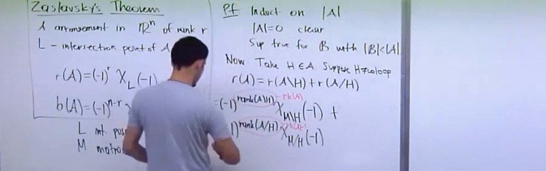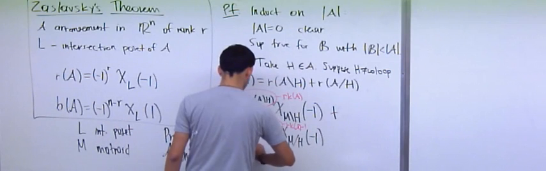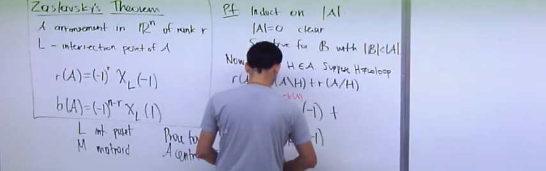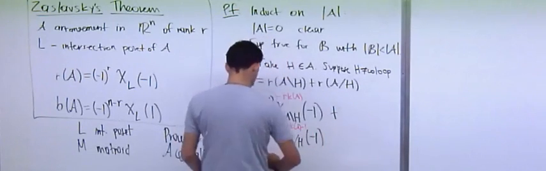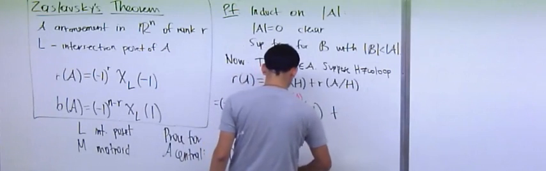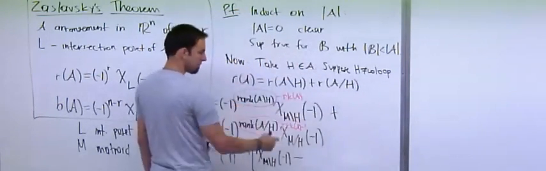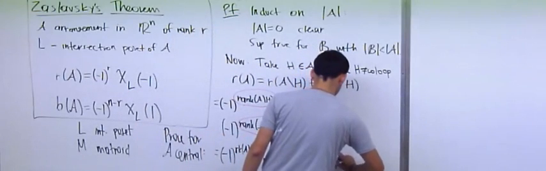And so what you get is (-1) to the rank of A times the characteristic polynomial of the deletion at -1. And then you get a minus sign because here you have an extra minus. And you get the contraction.